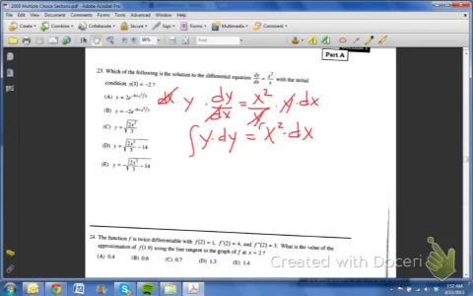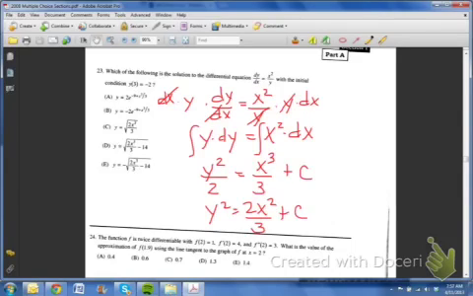Then I integrate both sides. So this side, I'm going to get y squared over 2. And on this side, x cubed over 3 plus c. If I multiply through everything by 2, I get y squared equals 2x cubed over 3 plus c.